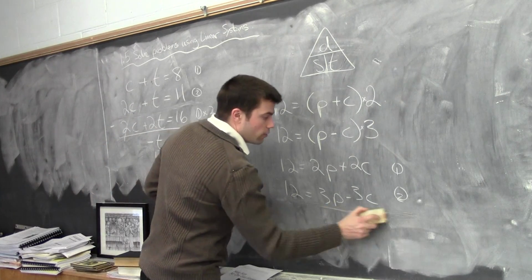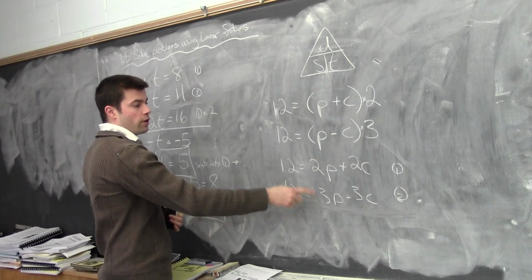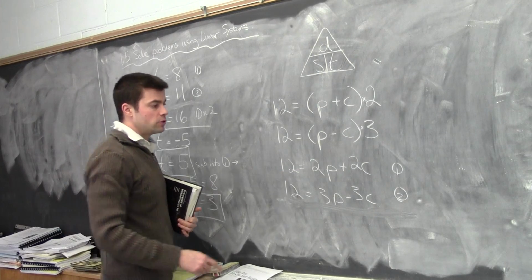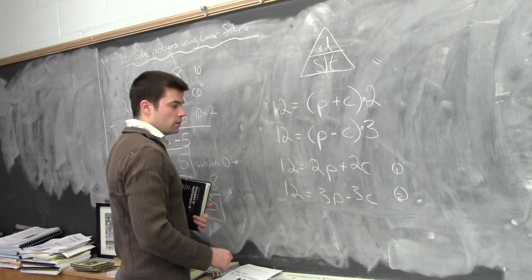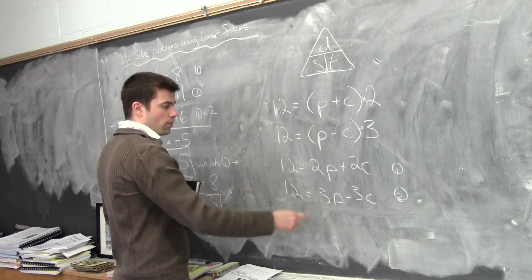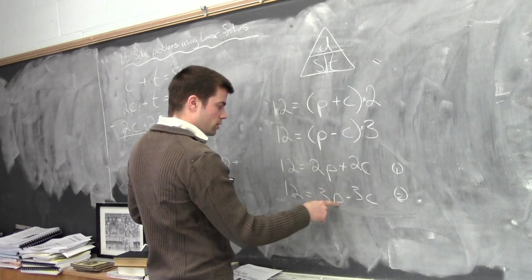So right now we have two equations. Neither of the variables are the same, so I need to multiply the first one, let's say, by 2, and the second one by 3. Or sorry, the first one by 3, second one by 2.